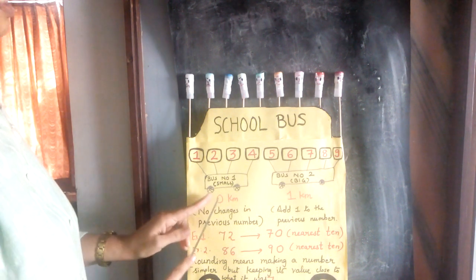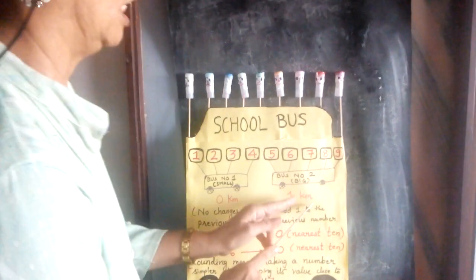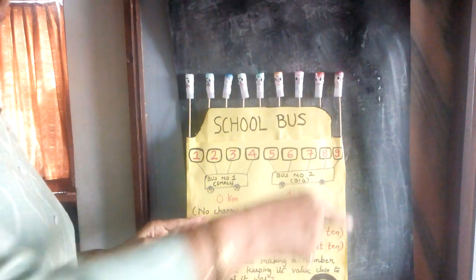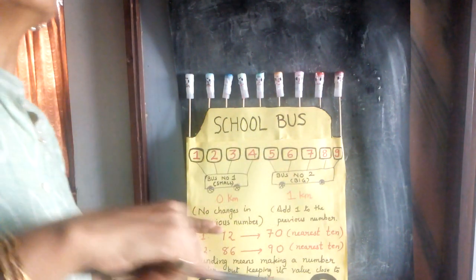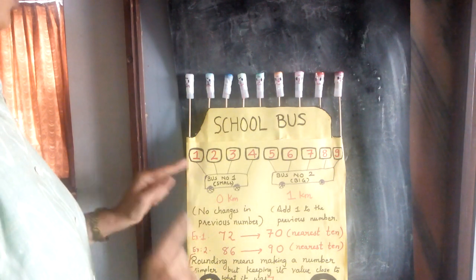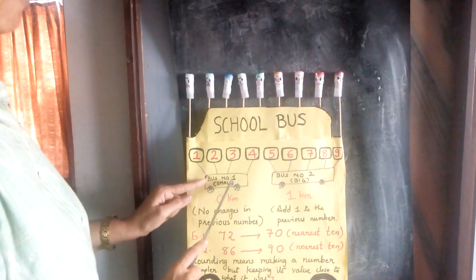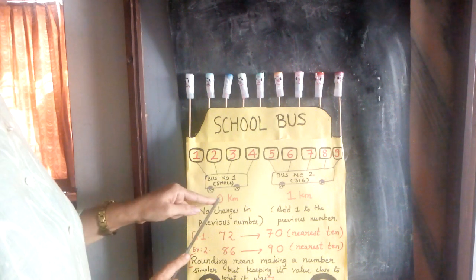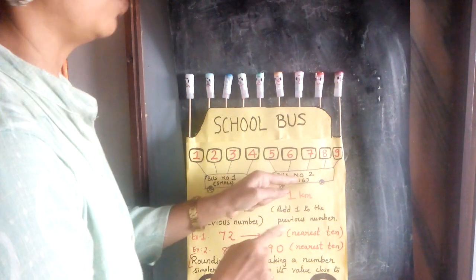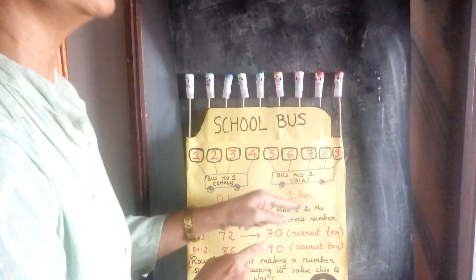Now look here. Here I have written 0 kilometer and 1 kilometer. So you are just going to the picnic in the school compound only. Bus number 1 has not started to move around and bus number 2 has started to move around in the compound.